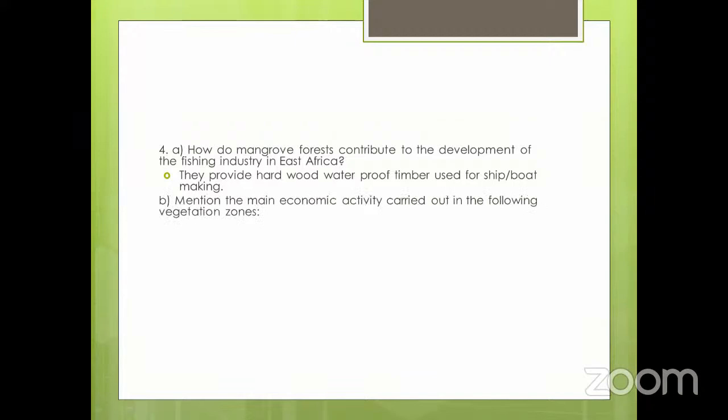Another question is there. I want one person to read for us very fast. Ruth, can you read for us? Mention the main economic activity carried out in the following vegetation zones.